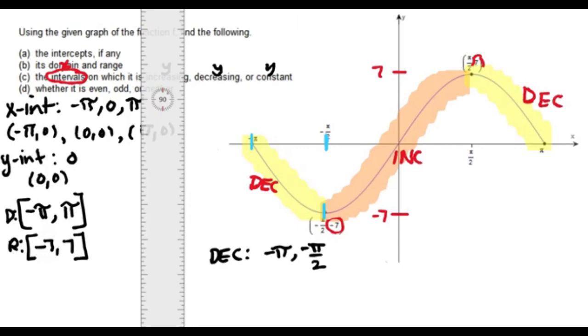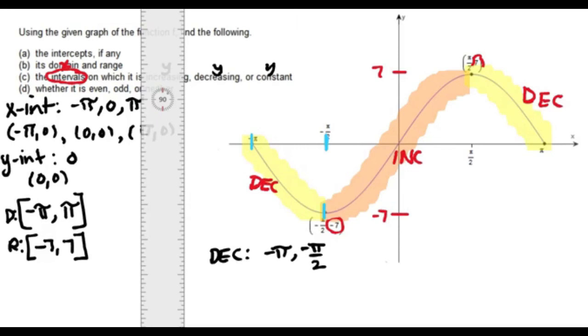So then we're writing our interval notation, and we need to decide whether we're going to include the endpoints or not. And this is sort of a debatable topic, and it's based upon how your book defines increasing, decreasing, and constant. I teach out of 2 different books, and they have 2 different definitions.